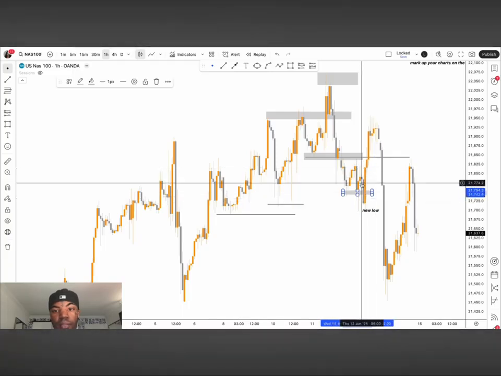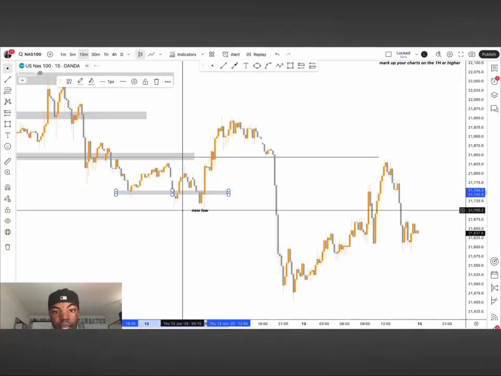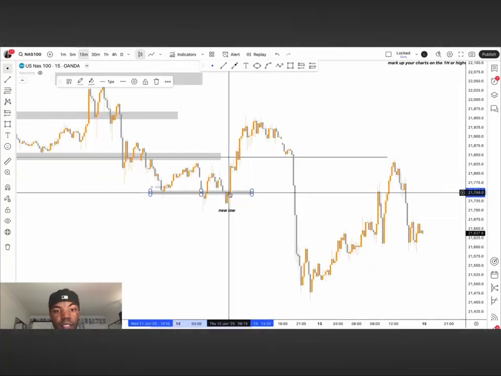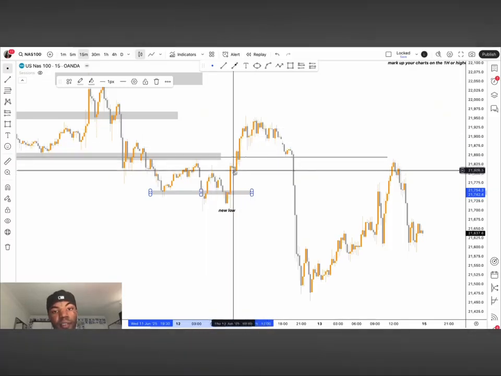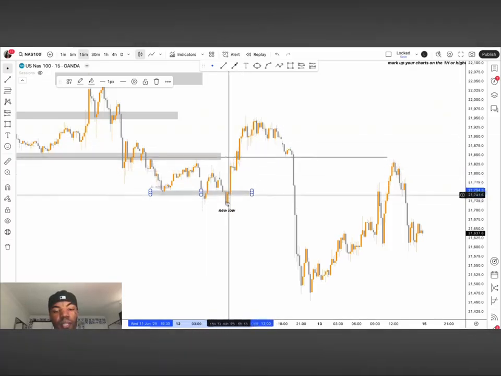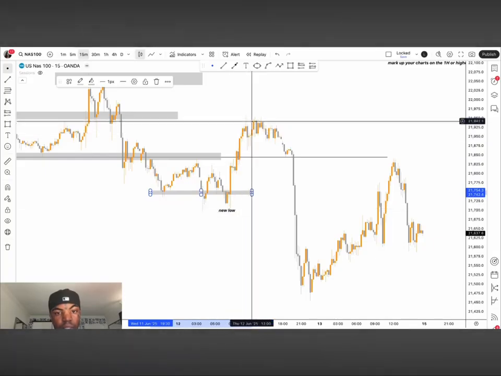After price made these two lower highs, we got that new low, right? But after that, notice how price starts to break structure, right? And that's mostly because the higher time frame is always going to take back control and it's going to be way stronger. But this new low is made, which caused this to grab as much liquidity as possible.